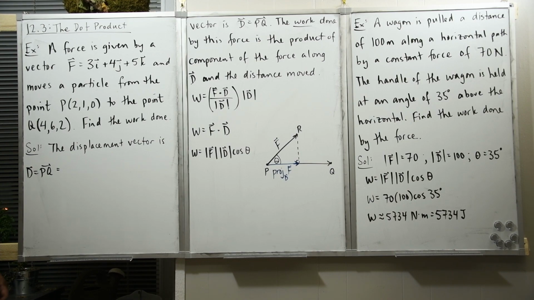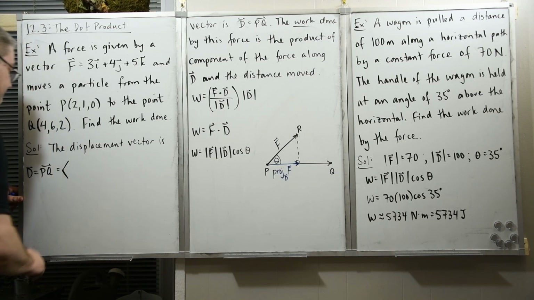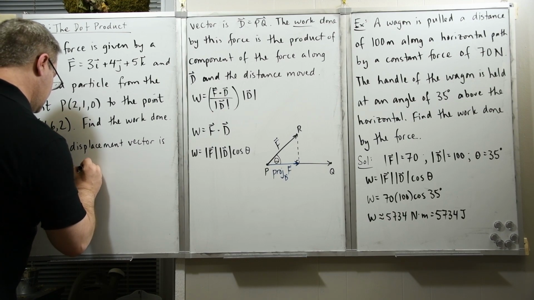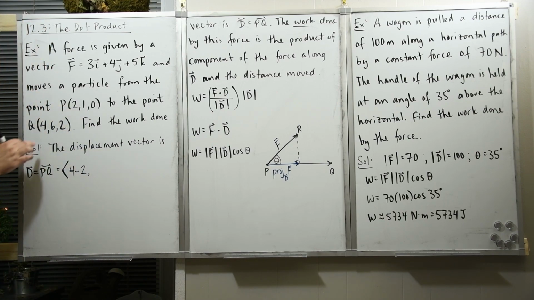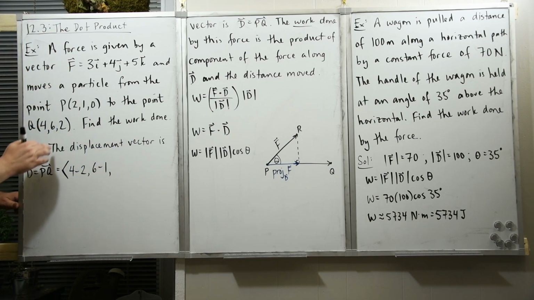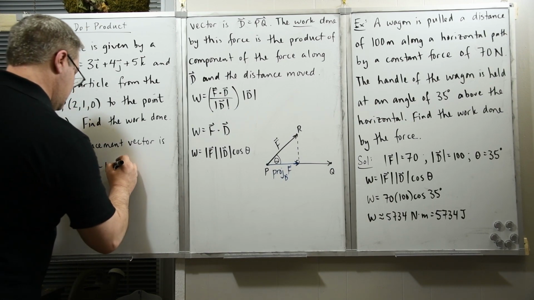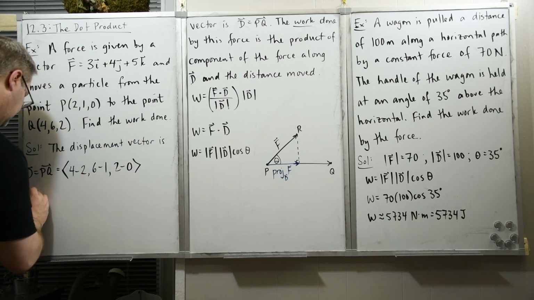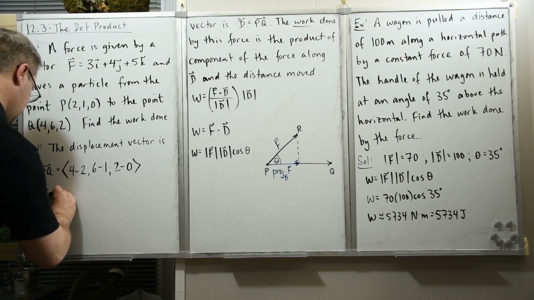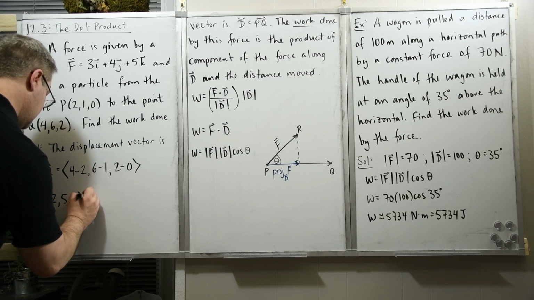The terminal point is Q, the initial point is P. So the first component of PQ will be 4 minus 2, the second component will be 6 minus 1, and the third component will be 2 minus 0. This means that the displacement vector D has components 2, 5, and 2.